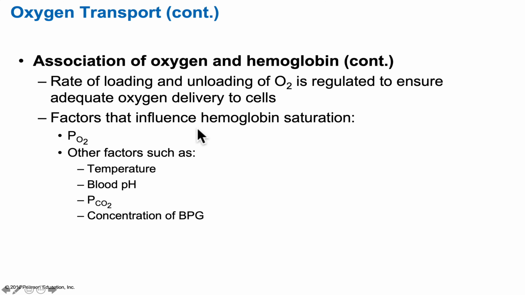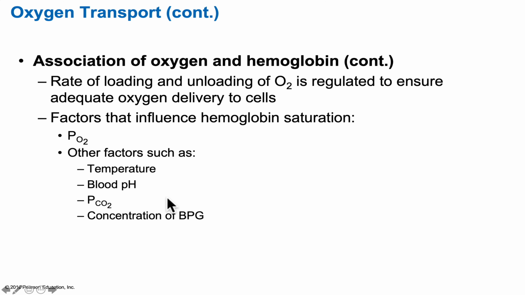The same mechanism is observed in the reverse process. Unloading of one oxygen molecule makes it easier for the unloading of the next, and so forth. In this manner, the binding strength of hemoglobin for oxygen changes with the extent of oxygen saturation, so both the loading and unloading of oxygen are very efficient.